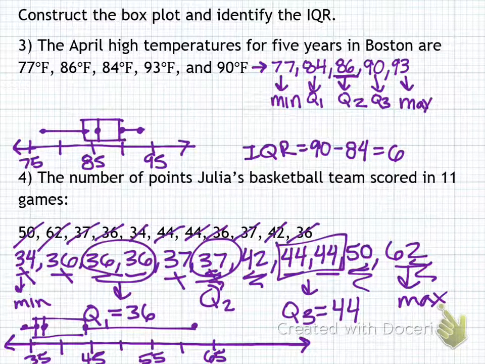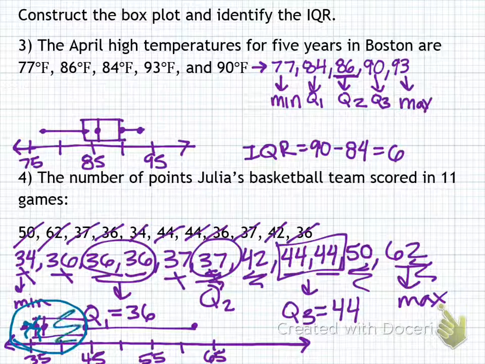So this, on the bottom, it's showing us that in 75% of the games, the points that they score are between 34 and 44. Do you see that? This is 25% for the whisker, right? 25, 25, 25.